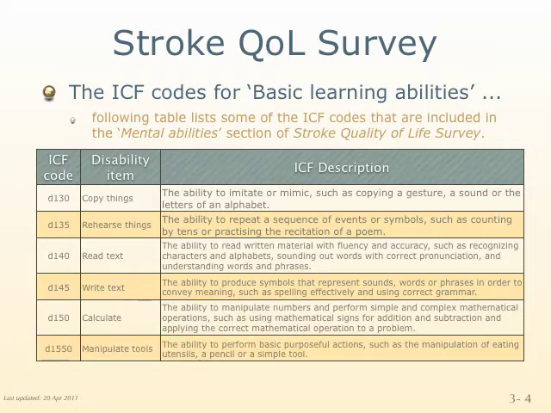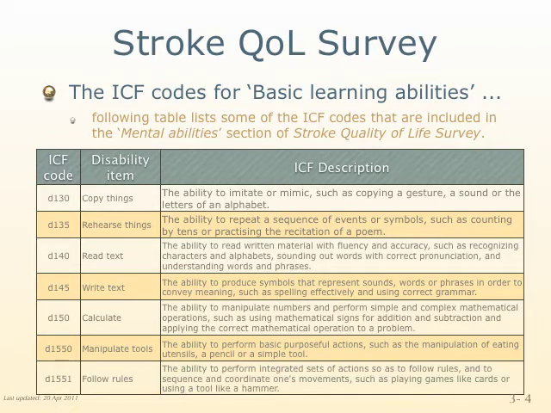There is the disability item called Manipulate Tools, which corresponds with the ICF code D1550 and described as the ability to perform basic purposeful actions, such as the manipulation of eating utensils, a pencil, or a simple tool.